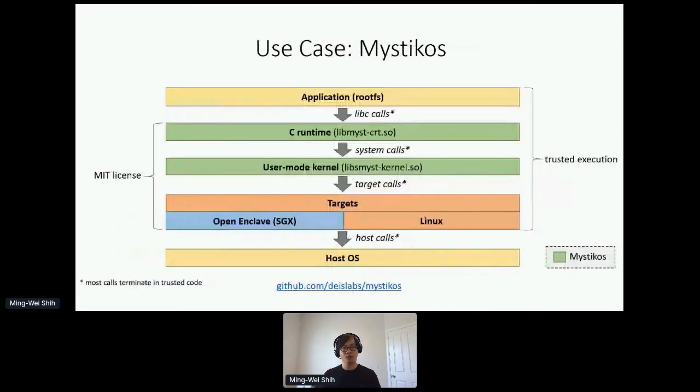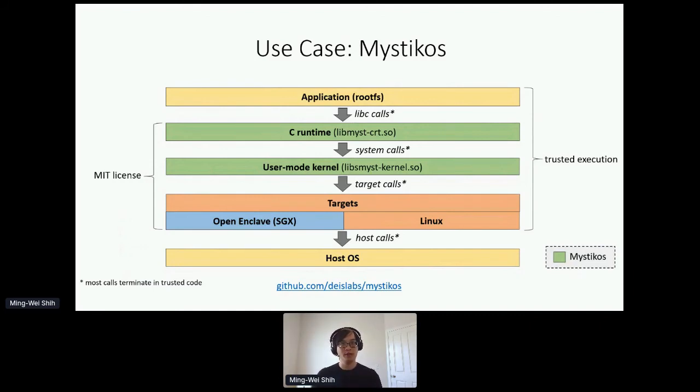So we want to bring out one use case of how Mystikos is built on top of OE. It's really a LibOS-like design that supports TEE applications with a lift-and-shift approach for either native or containerized applications.